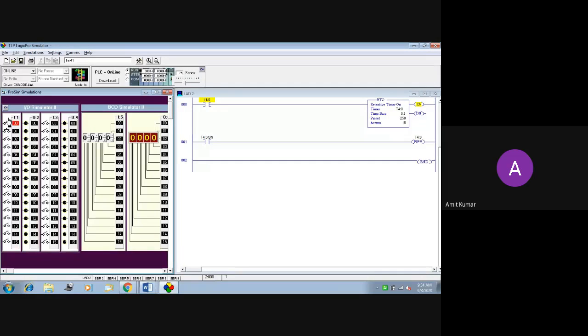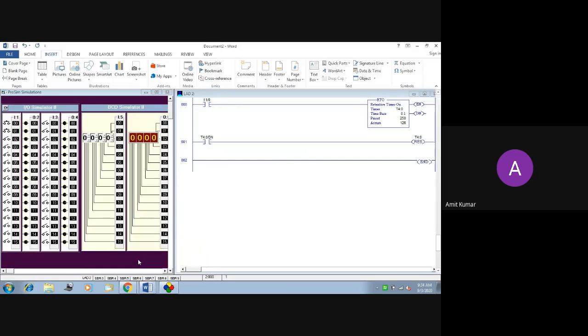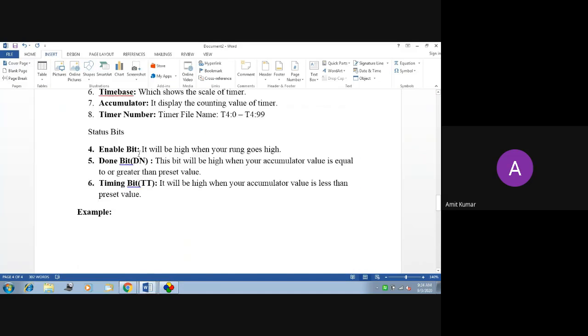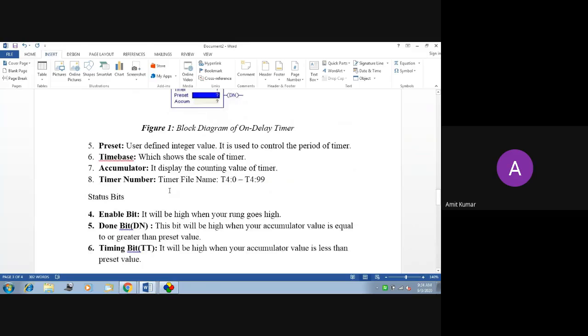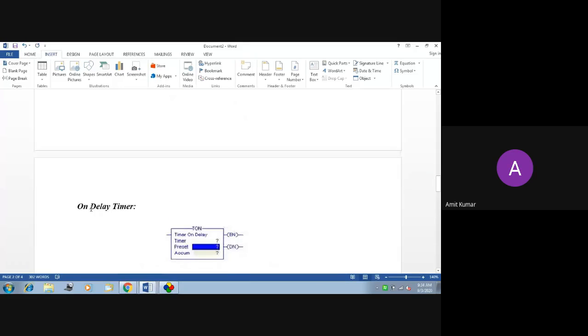So you can see here the timer has restarted again from 0. If you stop the process, it will retain its accumulator value. It will not become 0. So that is the difference between a retentive timer and a T-on timer. All the other information we have written for the on timer is the same for the retentive timer.